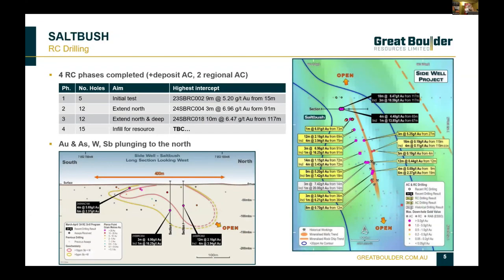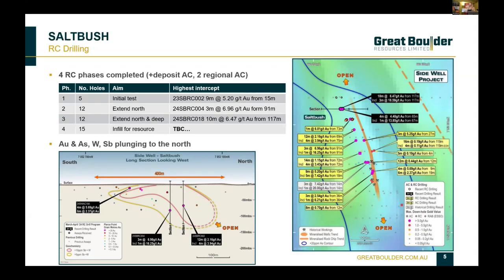So the first RC program was completed in December 2023. And as of October just gone this year, we've now completed 4 RC drill programs. The first program was really an initial test. Can we confirm the mineralization that ESSO found and explore around the historical workings? And that was successful. It showed us that the northern area may be a bit more prospective because there were high gold grades and more elevated pathfinders to the north.